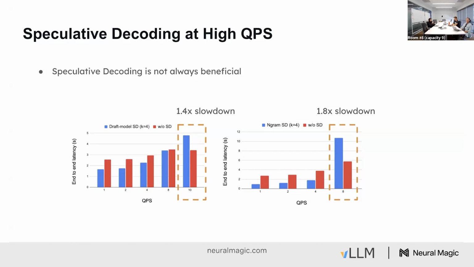So basically, you are using some extra compute for reduced latency. When the QPS is high, when the system is already compute bound, when the GPU is already pretty busy, you don't really want to waste that compute. If you use all the compute for normal decoding, you might achieve better performance. So that's a high-level intuition behind the slowdown.